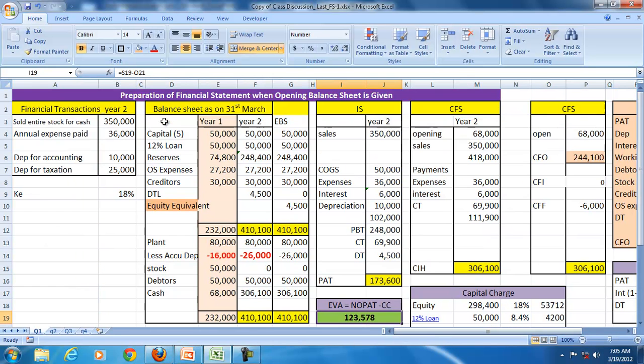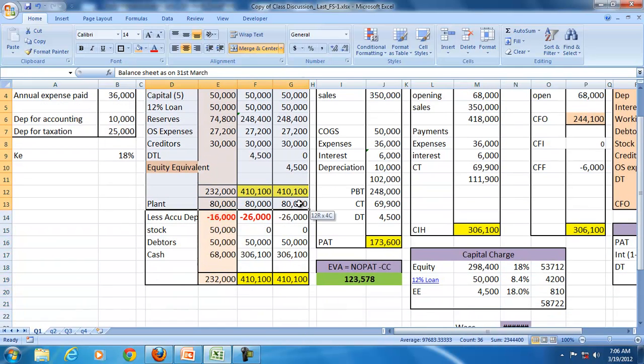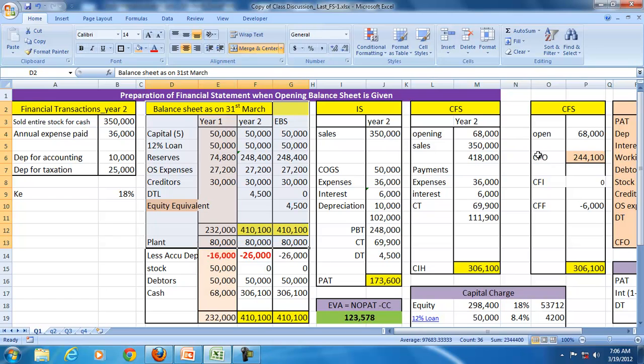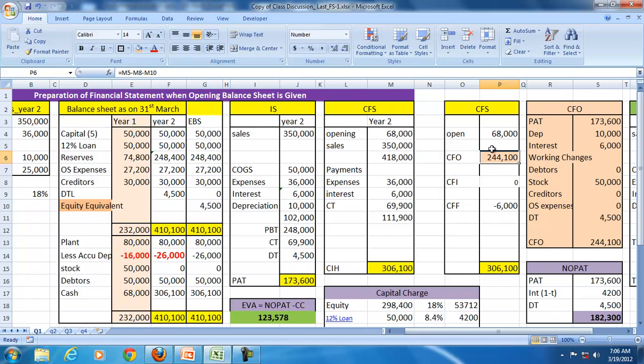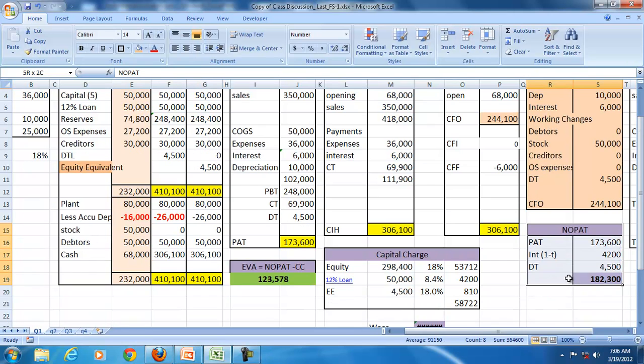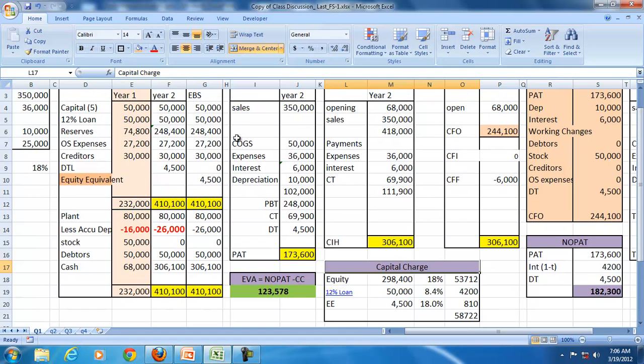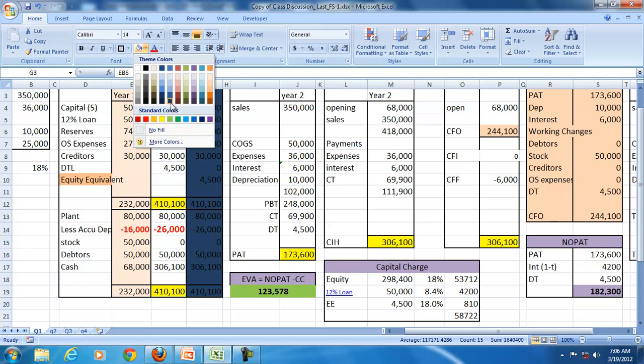So in this exercise, we converted the transactions into financial statements, and from the financial statements we found the cash from operation, and we also tried to understand why the cash from operation is not the same as PAT. From there we got into the calculation of NOPAT and EVA, but the EVA calculation requires the calculation of the capital charge, and the capital charge requires the calculation of this economic balance sheet.